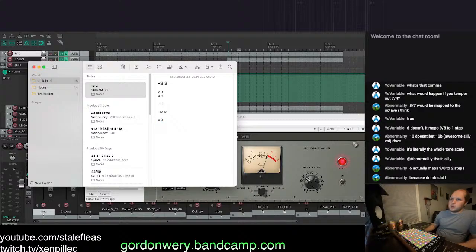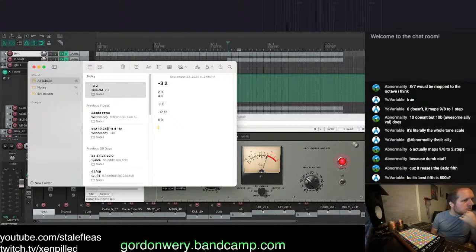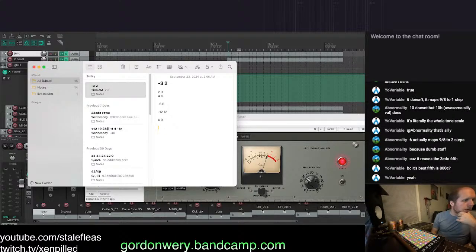So that'd be negative 18 and 18. No, it tempers it out. Well, why wouldn't it temper it out? If it maps 9 to... Prime 3 would be 9, right?